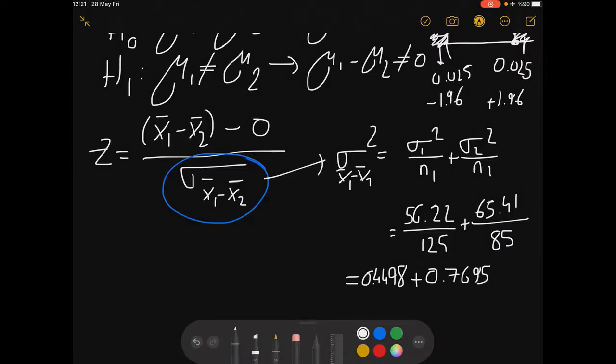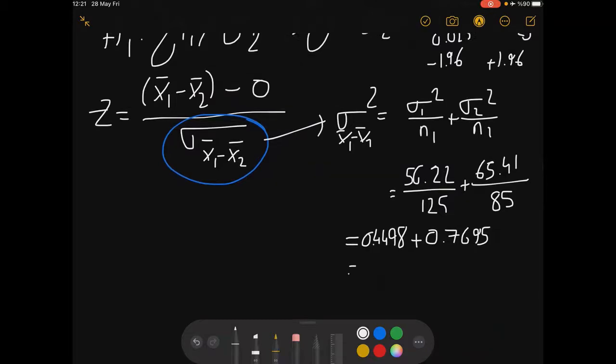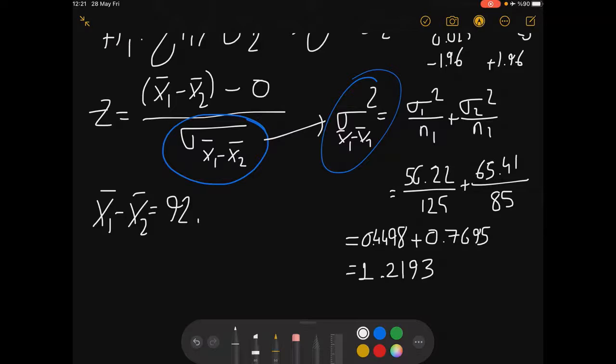Please repeat those calculations. I calculated them for you with my calculator, but of course they can be wrong. Of course, a double check would be very nice. So that's it. That's your variance in this case.